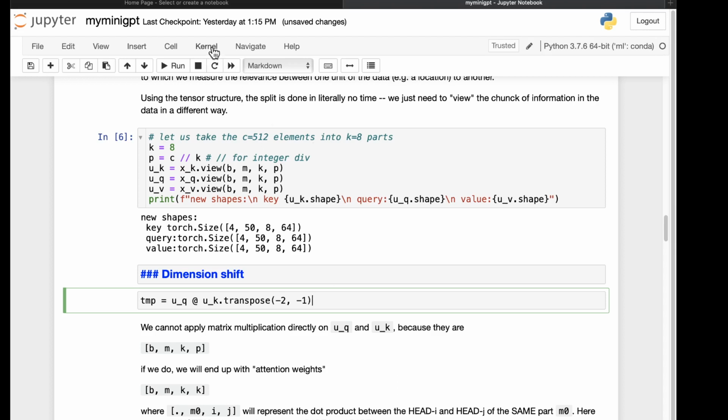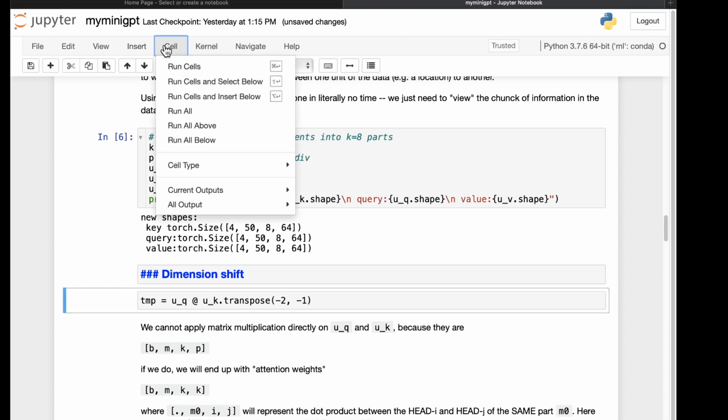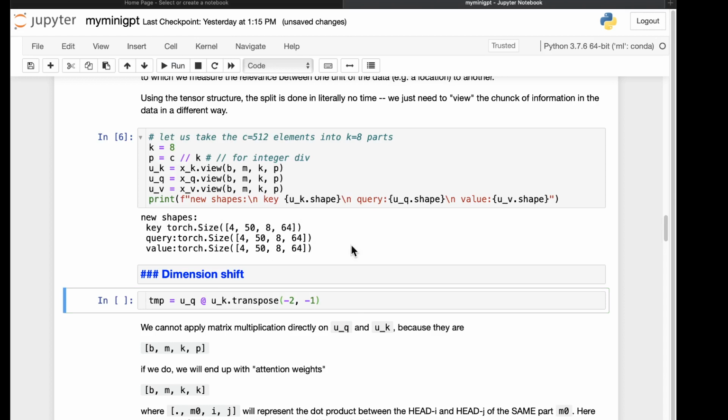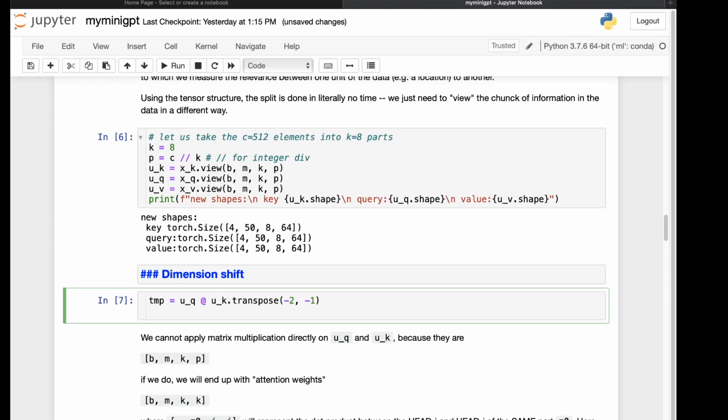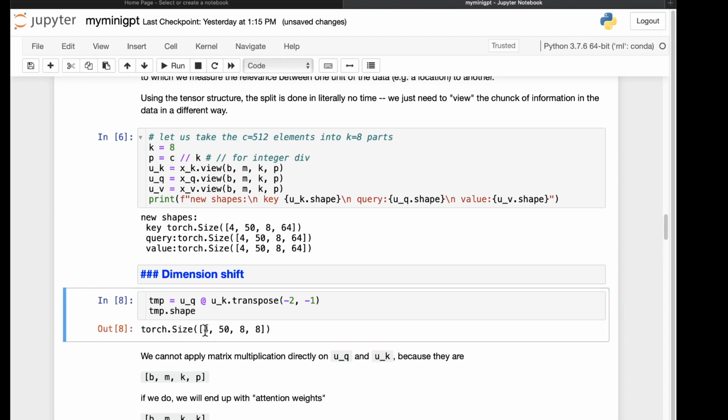I think I've changed the cell. So it seems there's no error, but let's check what we have in the temp. Look, that is 4 by 50 by 8 by 8.